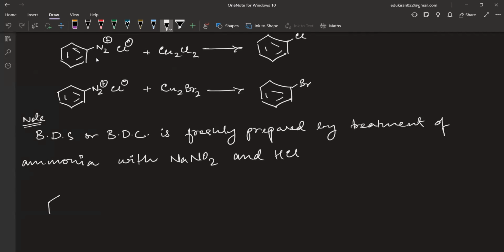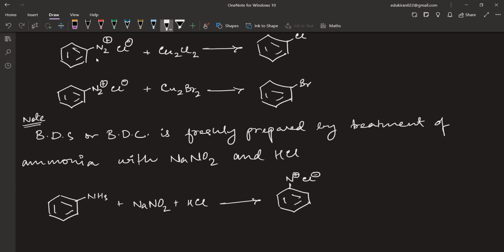So here we have aniline plus NaNO2 plus HCl, which is going to give me benzene diazonium chloride. Will we get nitric acid from here? You don't need nitric acid in the reaction. You just remember this much.